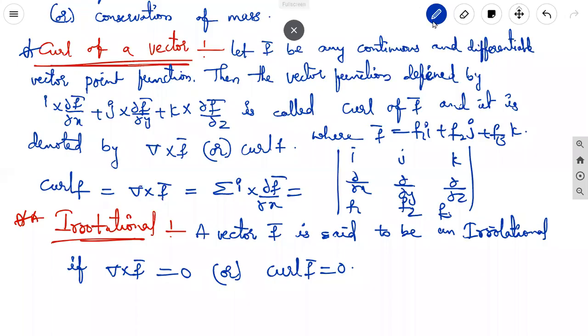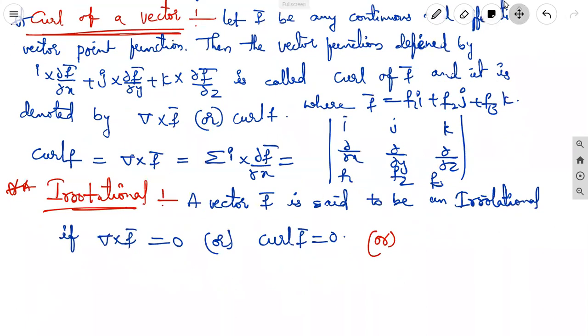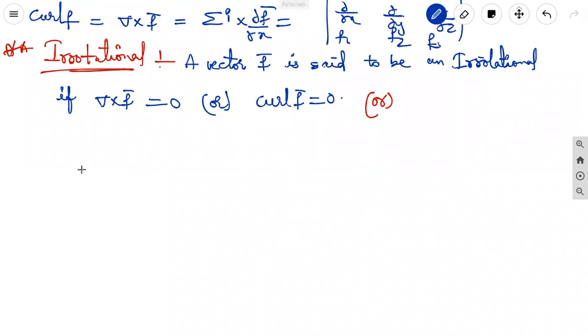Irrotational vector is also defined as any motion in which the curl of the velocity vector is a null vector, that is, curl v vector is equal to 0 vector, is said to be irrotational.